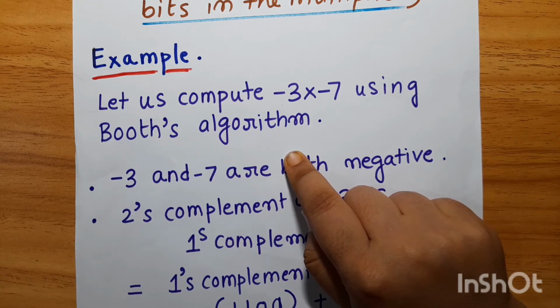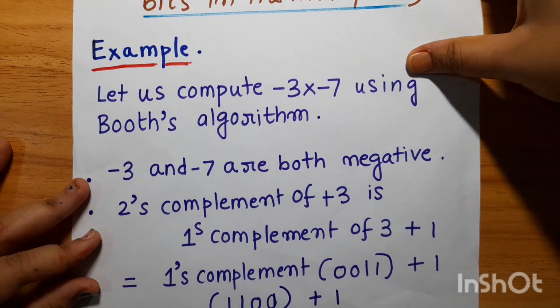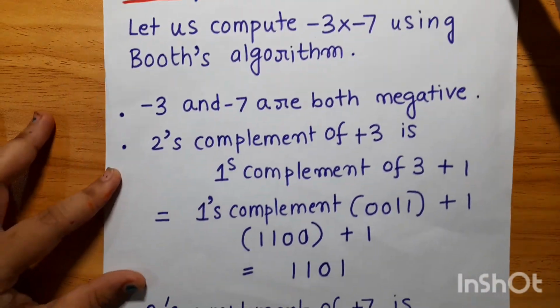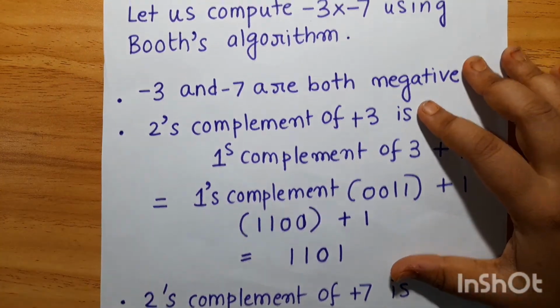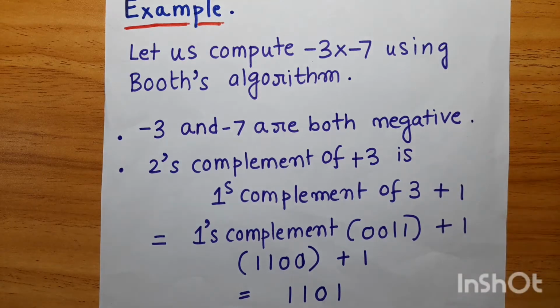We know minus 3 multiplied by minus 7 is 21. So let's go through the loop of Booth's algorithm and see whether we get the correct result with the algorithm.